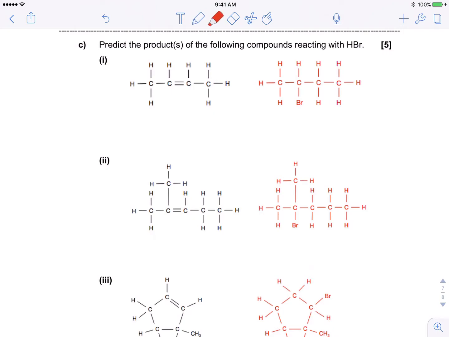Again, first you see which is the side across the double bond that has more hydrogen. You know that they have the same, so theoretically you should have two products. Now, a lot of you drew this other product like this.